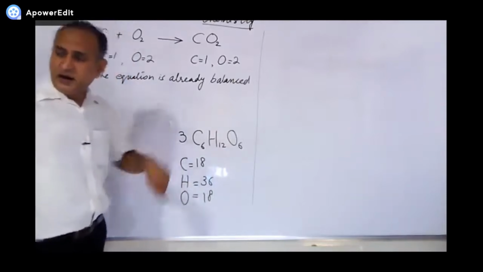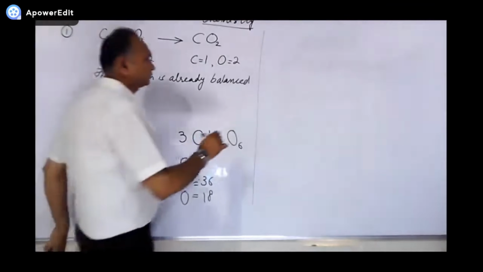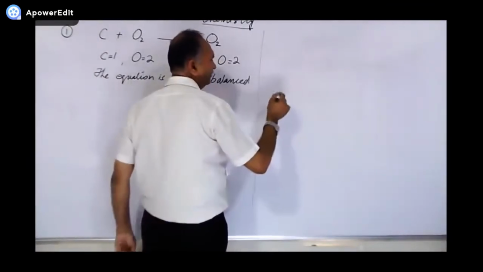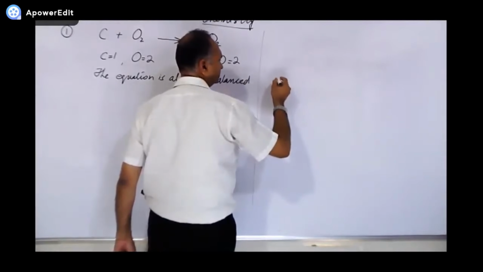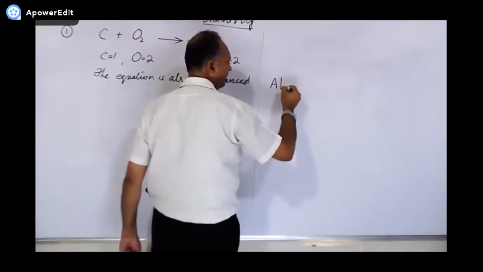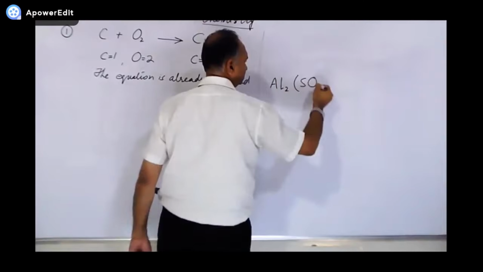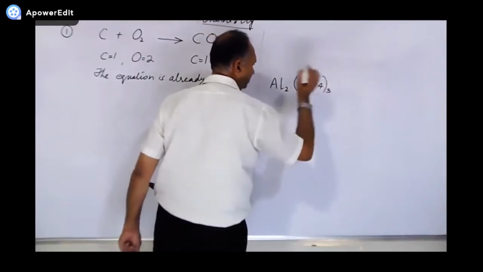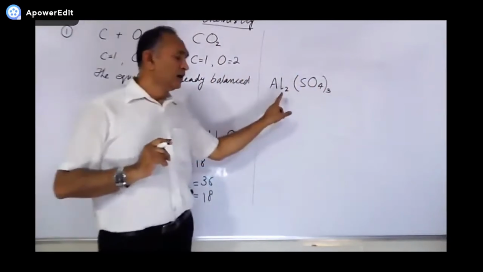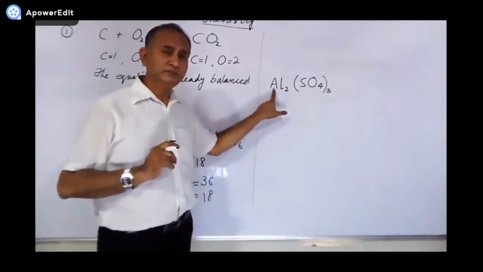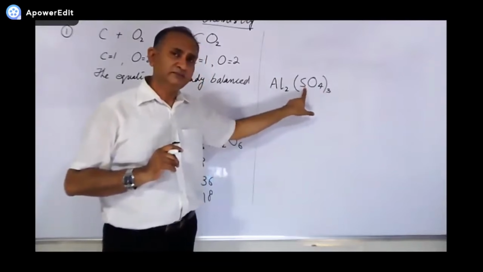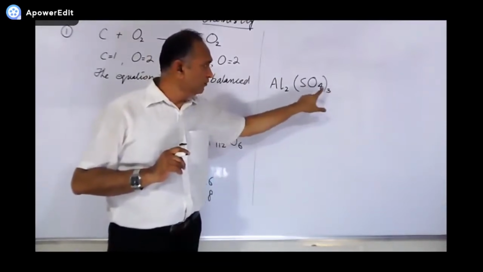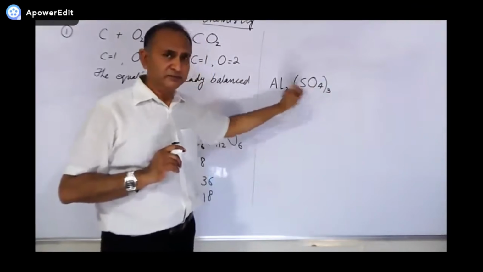Alright? And another revision. I gave this example yesterday. 2 aluminium, 3 sulfurs, 3 4s are 12 oxygens.